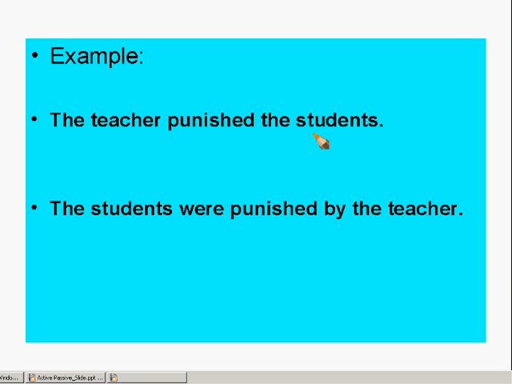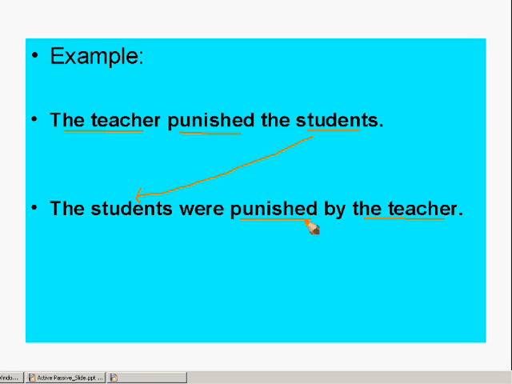So now, how was this passive made? The teacher is the subject over here. The teacher replaces the object in the passive voice. The object in the active voice, that is the students, replaces the subject in the passive voice. Punished is the verb.